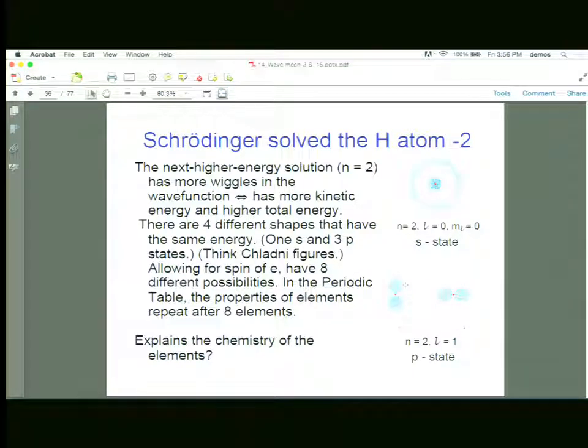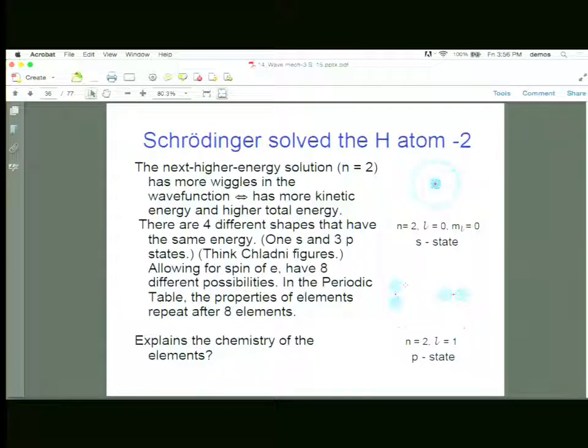In any case, the point is that as you go up in quantum numbers, here's where Schrödinger's picture really blossomed. Instead of the simple Bohr picture of having one level and another level here and another level here, simple thing like that, you get this rich picture of many, many states possible.